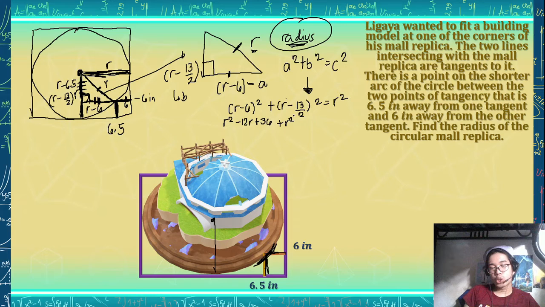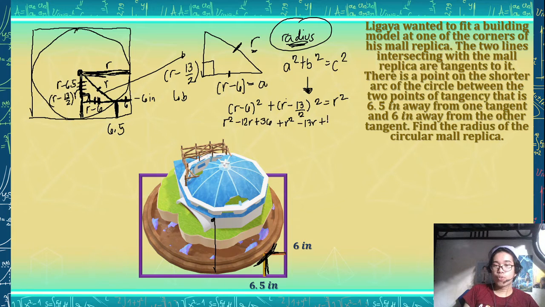That's 13 over 2 plus 13 over 2, which should just give us 13. So this is going to give us minus 13r. And what's 13 over 2 squared? That should give us 169 over 4.